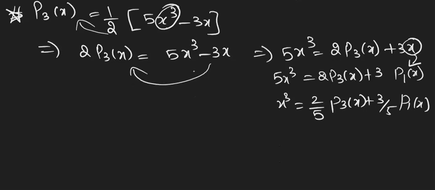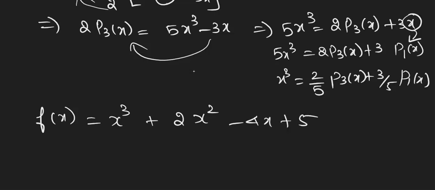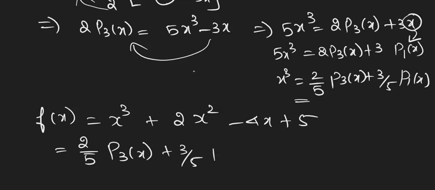Just you are going to substitute in the given function f of x. So what is f of x in our question? x cube, I will rewrite again, plus 2x square minus 4x plus 5. So in the place of x cube I am going to substitute this: 2 by 5 into P3 of x plus 3 by 5 into P1 of x. I have written what is x cube.